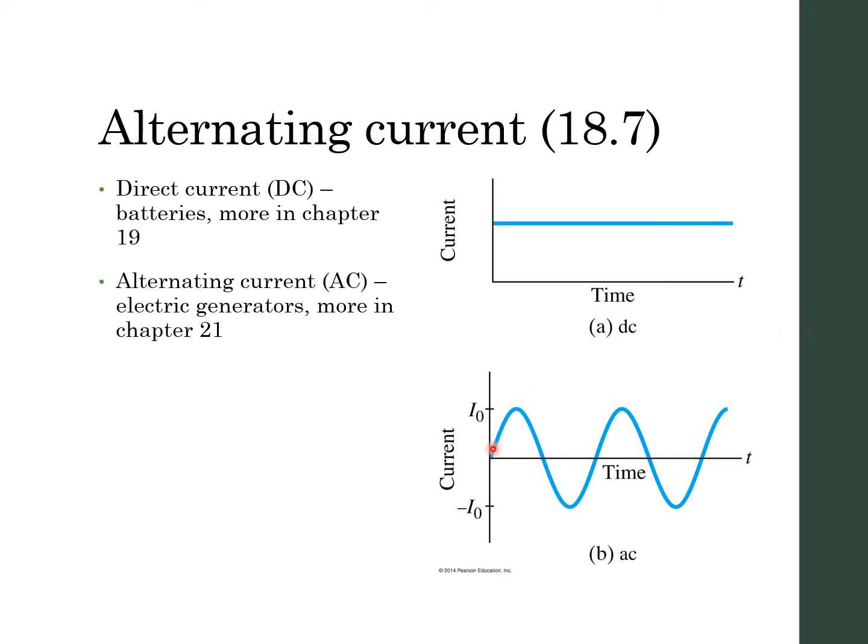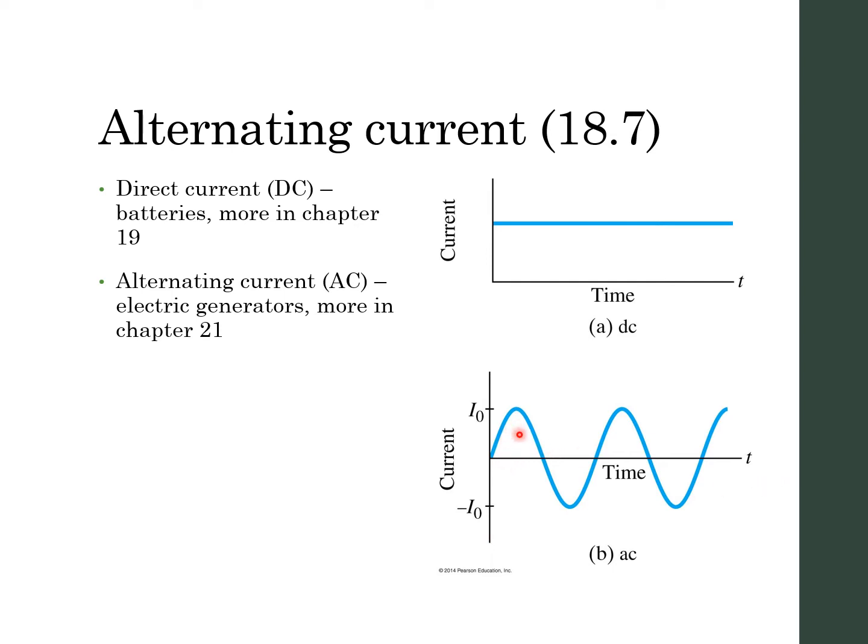So an alternating current is something like in an electric generator. There's more information in chapter 21 about alternating currents, but again, we're not going to get too far into that. So we'll see what goes on with that. Now we have a new graph that has the current as a function of time.